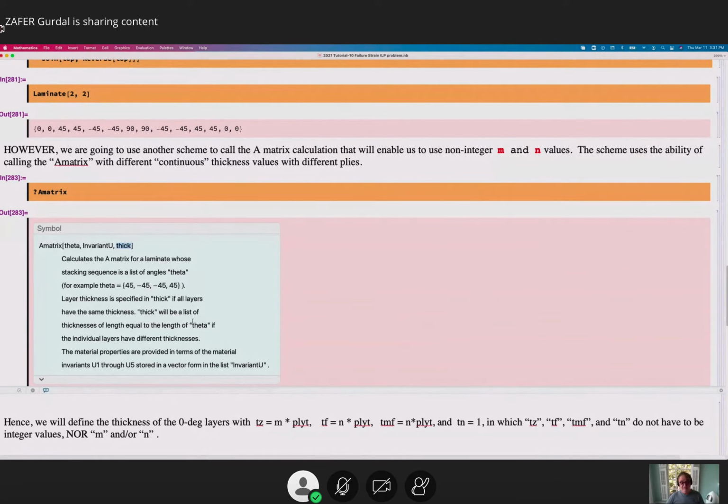So that's the reason why I brought the version in which theta is the thickness of individual layers, individual plies in the laminate.